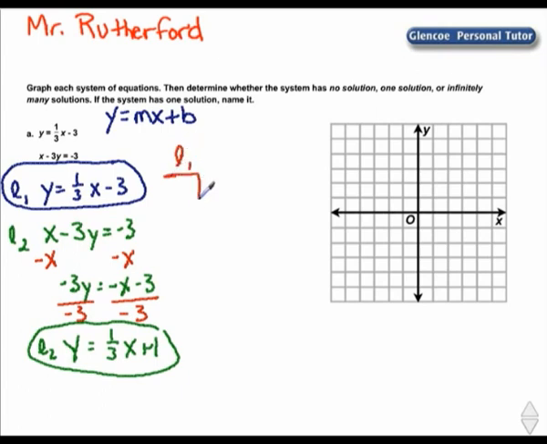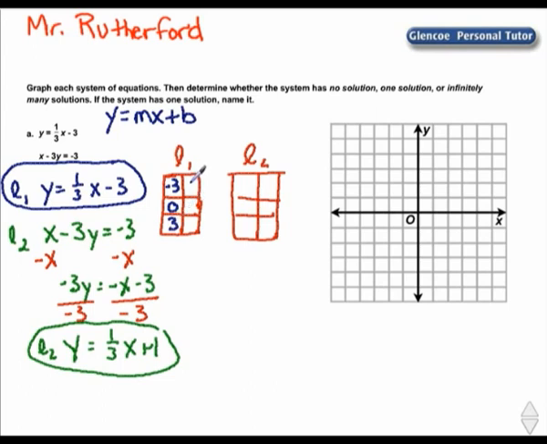So line 1, and I'm just going to choose 3 values to plug in for x in each of our equations. So for our line 1, if I choose three different x values of -3, 0, and 3, for my y values, I will have a -4.